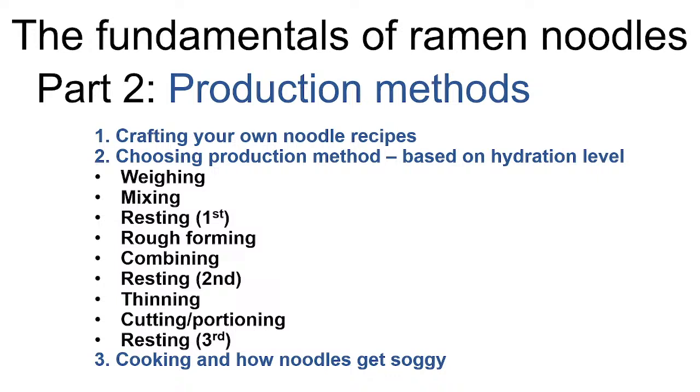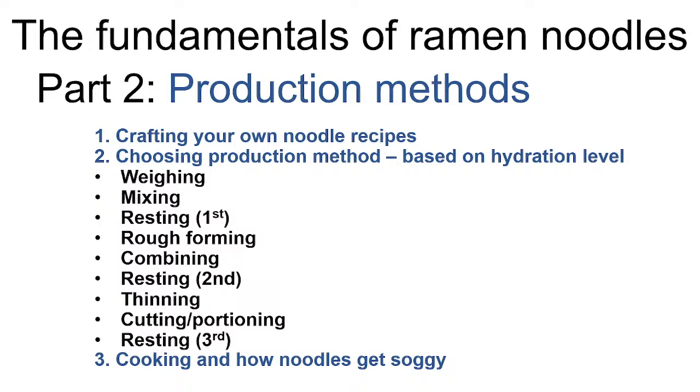And the recipe is kind of like a map to your destination. Without a map, you just get lost in the middle. So we want to have a noodle recipe before we start, and based on the recipe, we can start choosing the production method, based on the hydration level of your noodles, right?